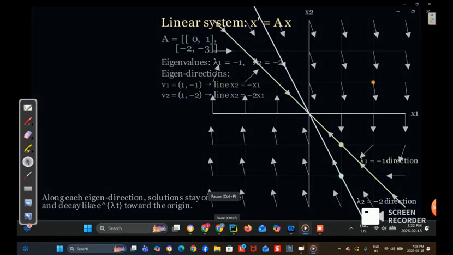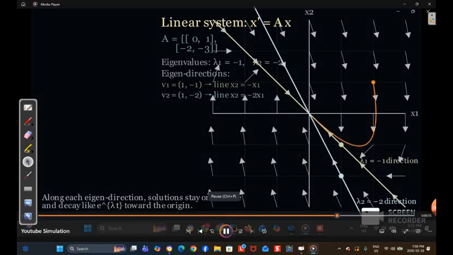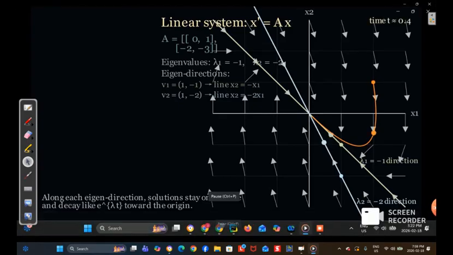I hope that makes sense. And if you align with V2, now look at line 2. This shows lambda 2, -2. If aligned with V2, the decay is now even faster. It decays even faster according to the simulation here.